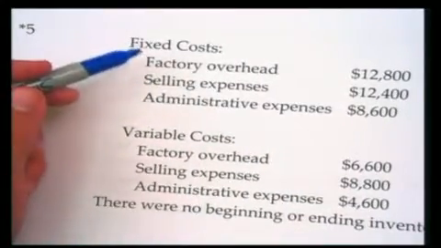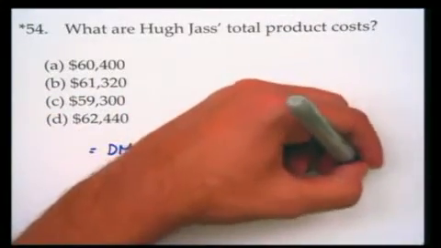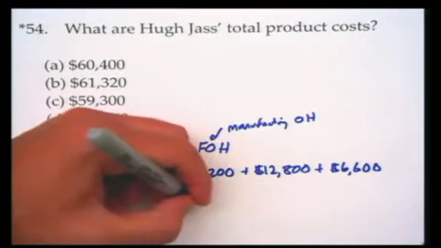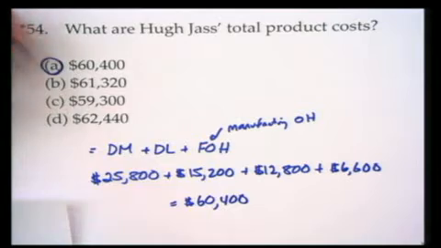Anywhere else factory overhead? Yup, right there. So we also have an additional $6,600. So $25,800 plus $15,200 plus $12,800 plus $6,600 is, lo and behold, $60,400.